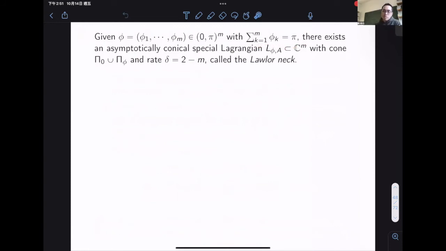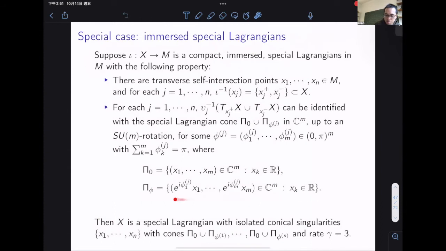Then there exists an asymptotically conical special Lagrangian, which I denote by L^φ_A in C^m, with the cone being the union of these two planes, where π_0 is the real plane in C^m, and π^φ is the plane in this form.